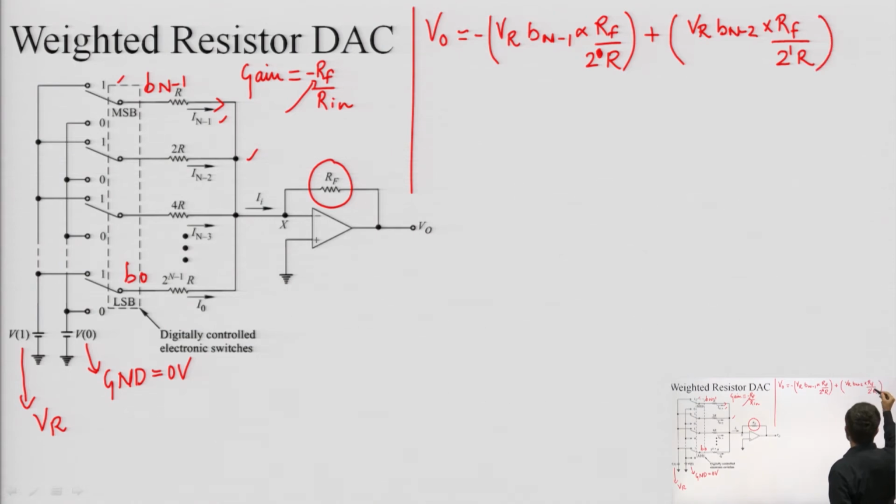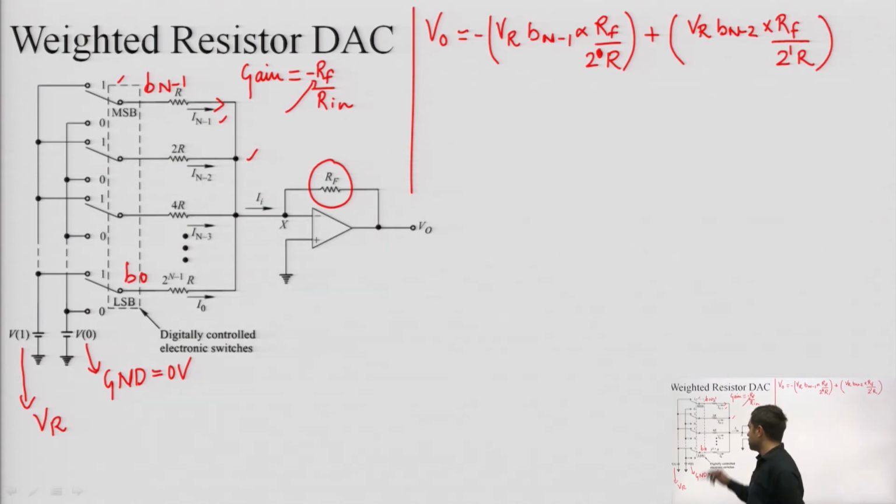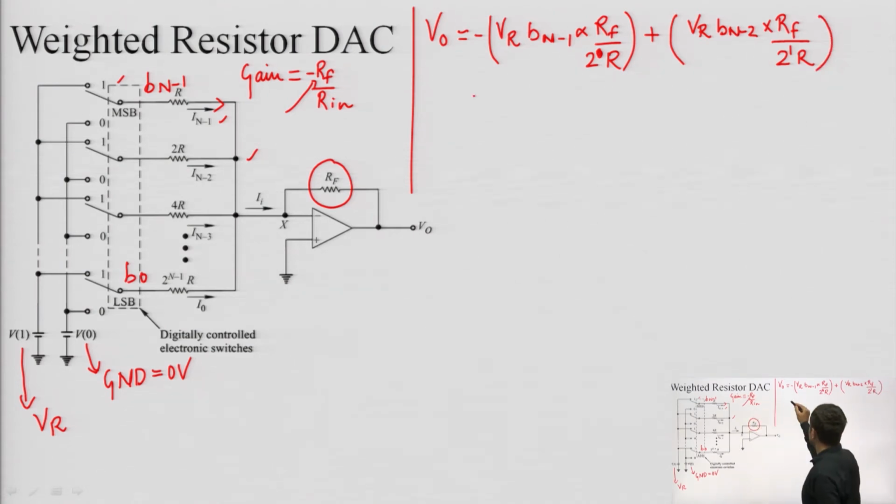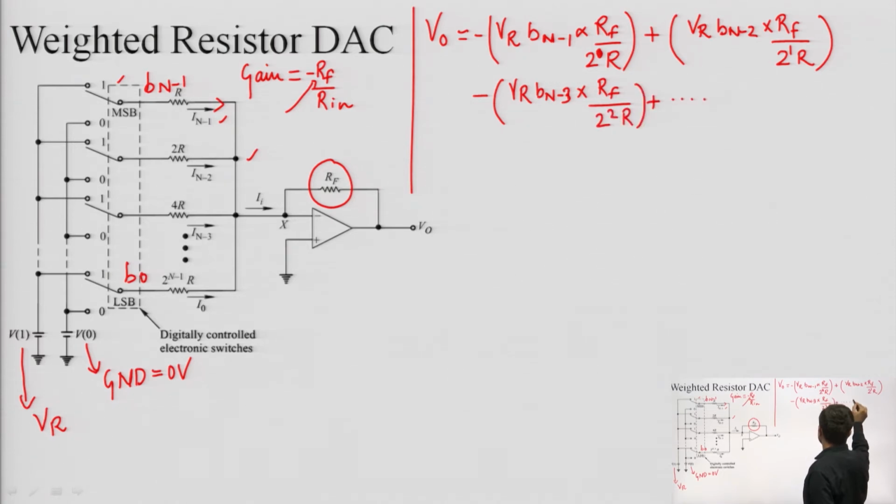Okay. Similarly, we have written for this branch, and for the third branch, VR into Bn minus 3 into Rf upon 2 raised to power 2 R, and proceeding further.